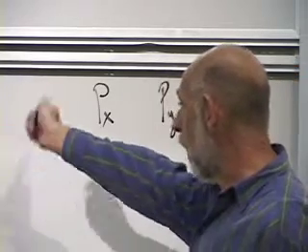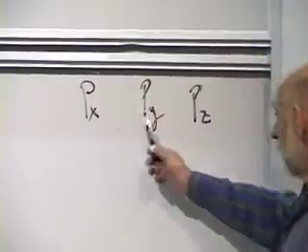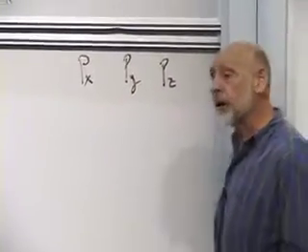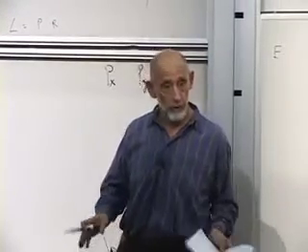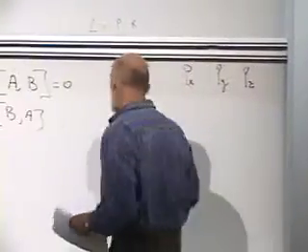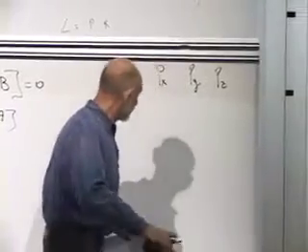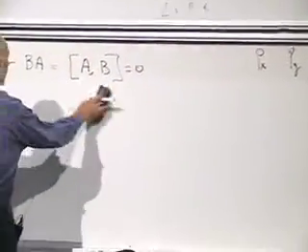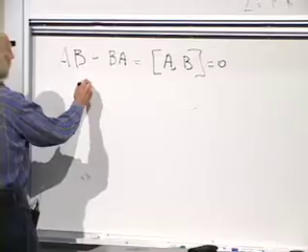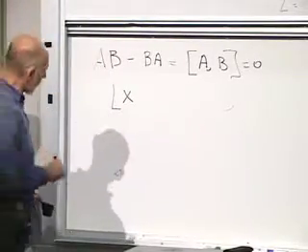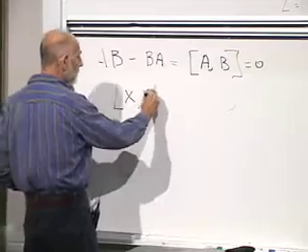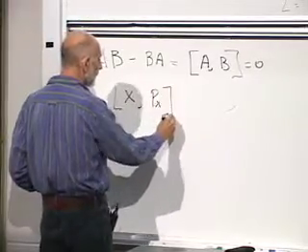So x commutes with y, commutes with z, px commutes with py, commutes with pz, but the components of position do not commute with the components of momentum. So, for example, you cannot measure the x component of the position of a particle and the x component of the momentum.